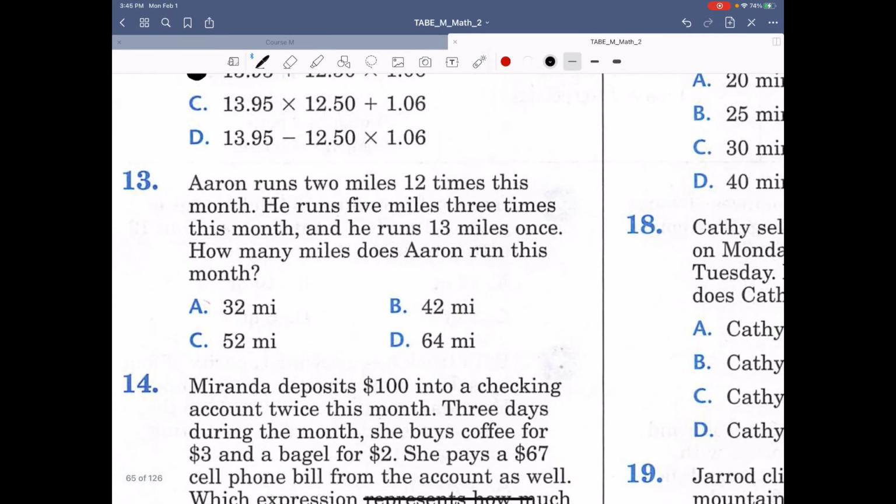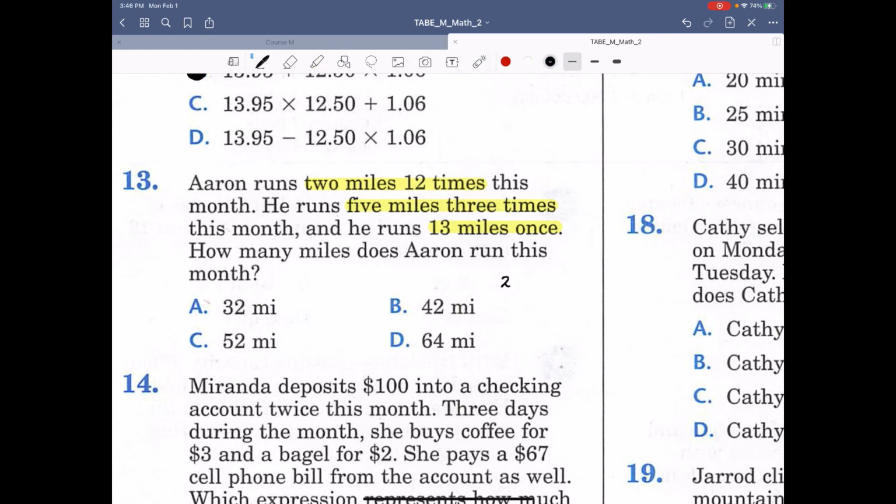Number 13. Aaron runs 2 miles 12 times this month. Let me highlight on this one. 2 miles 12 times. He runs 5 miles 3 times this month, and he runs 13 miles once. So how many miles does Aaron run this month?